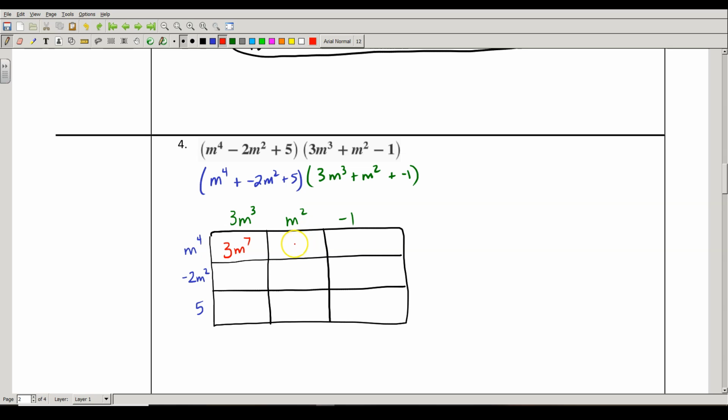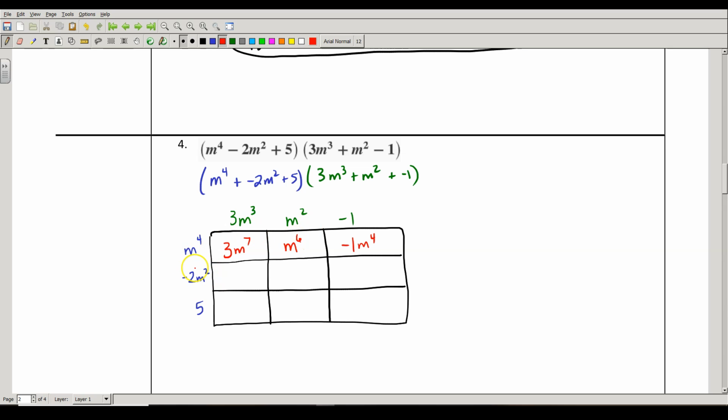We're going to add our exponents. So that's going to give us m to the 6th. And if we go to the box on the left, m to the 4th times negative 1, well, that'd be negative 1 m to the 4th, or just negative m to the 4th. Either way works.